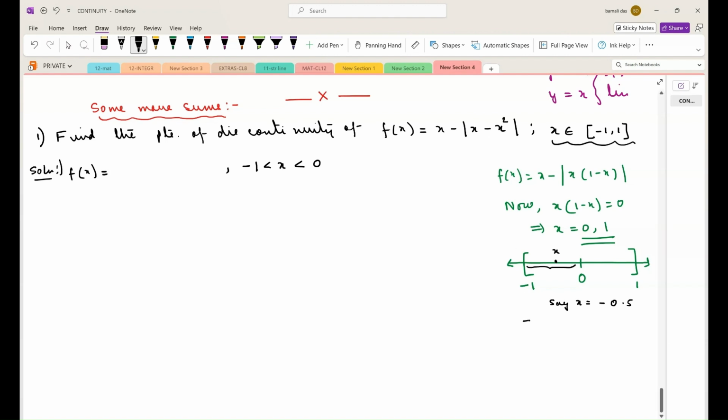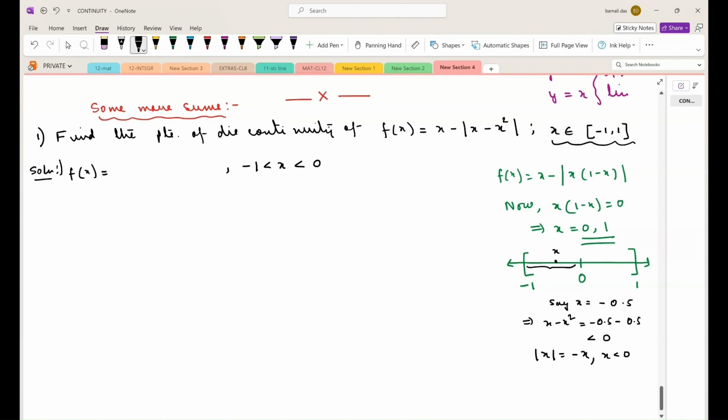So in that case, x minus x square is minus 0.5 minus 0.5. So it is negative. And we know that for modulus mod x, if x is negative, then the value is minus x. So we apply this definition here.